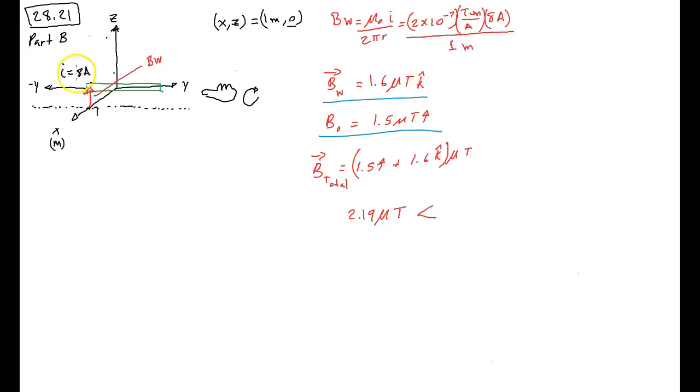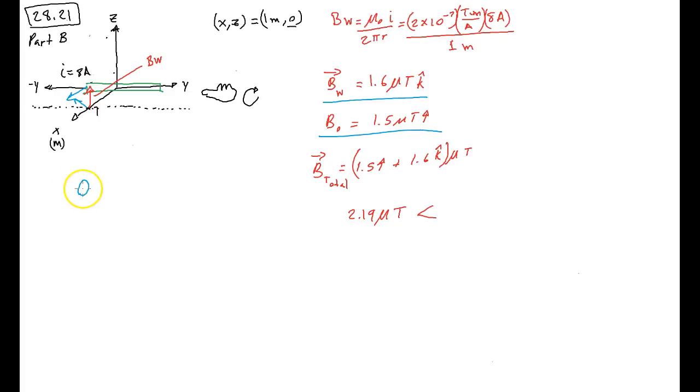Okay, now, the angle, you could express it several different ways, but you want to measure it from the x-axis or from the z-axis. If you measure it from the x-axis, that would be that angle, we'll call it theta. Theta will be equal to the inverse tangent of B_W over B_0. So that would be 1.6 over 1.5.